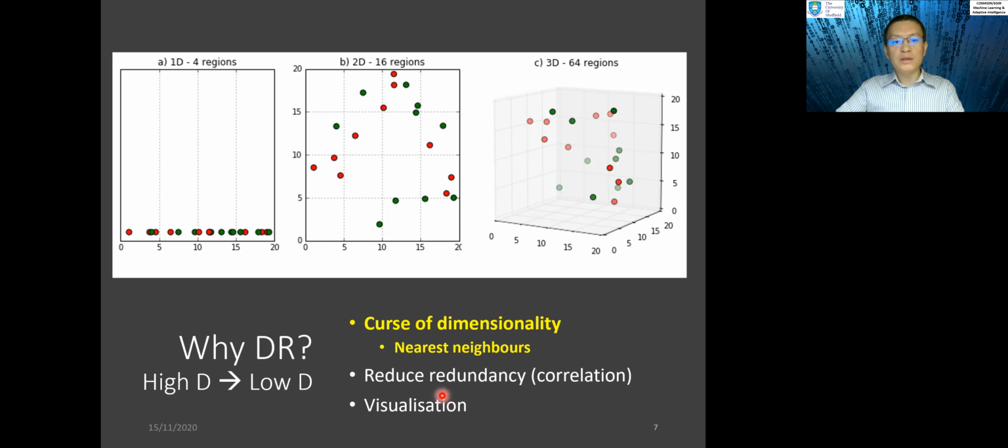And another reason is sometimes we want to visualize the data, to take a look at the data, what does it look like? And due to our fundamental limitation in our human visual system, we can only digest a low-dimensional visualization.